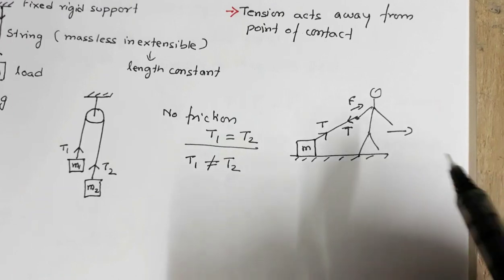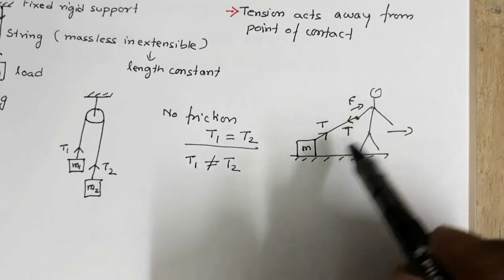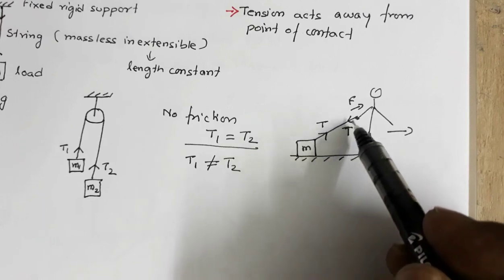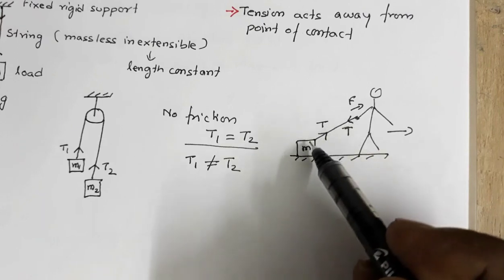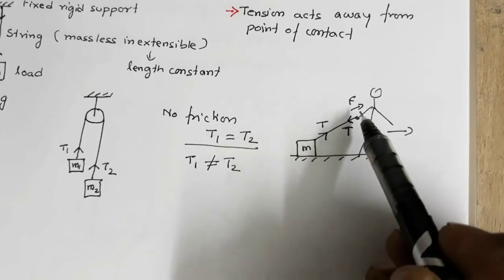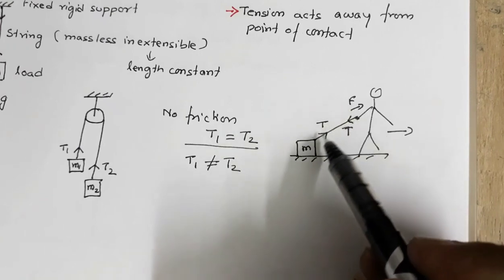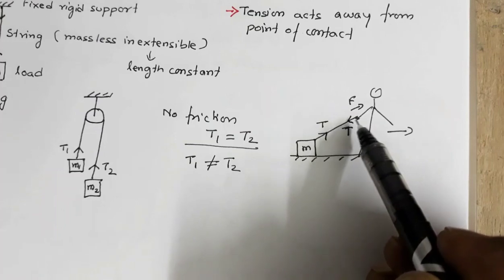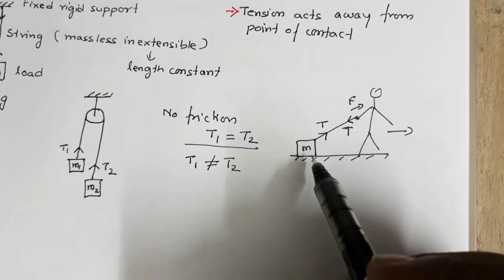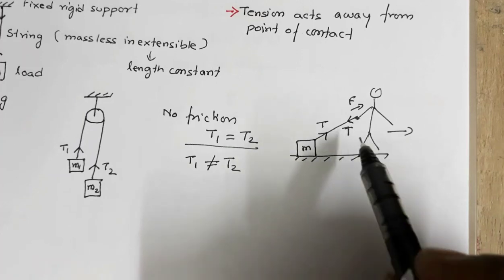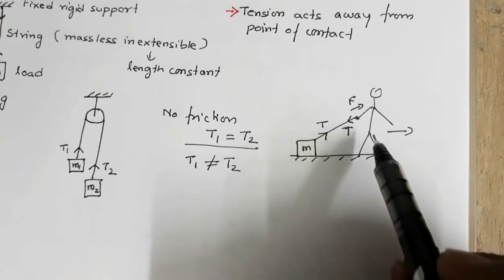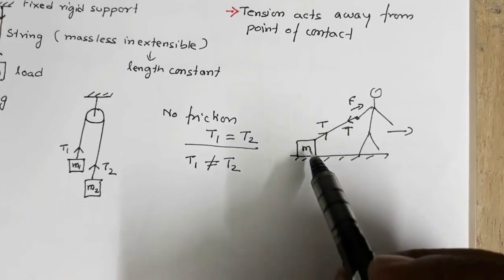There is one additional important point to be observed. Suppose we have a situation wherein a man is pulling this block with the help of a string. Again the string is massless and inextensible. He is exerting a force F on this string. It is quite possible that this man is in motion and this block is also in motion. In that case, this tension is independent of the state of this body or this body.